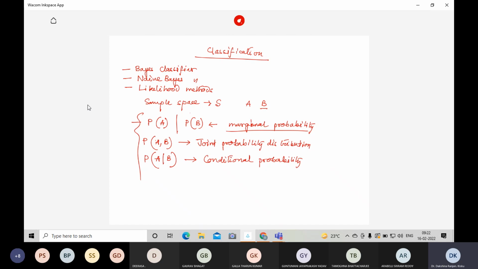Suppose the class labels are drawn from a known conditional distribution on the set of class labels 1 to C, so here we have C number of classes.